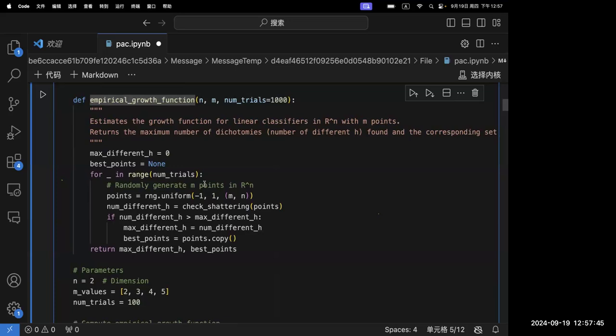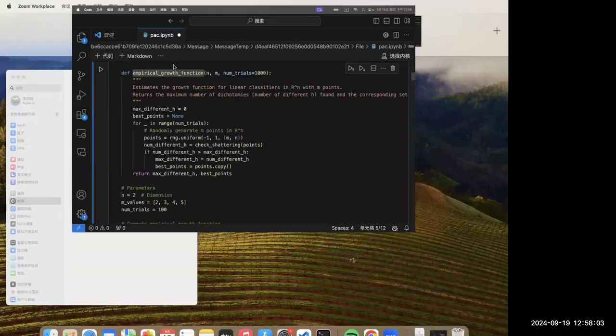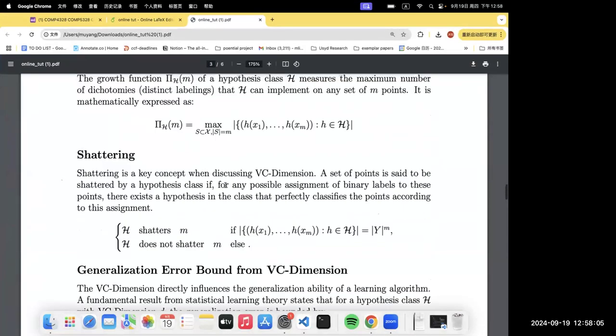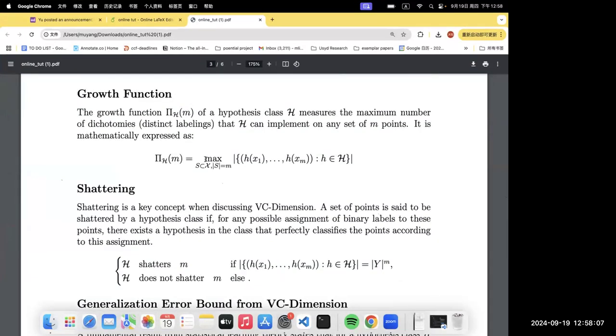Basically, what this does is keep trying to generate the number of ways to arrange our data points. One very important factor about the growth function, if I forgot to highlight, is the maximum operator here.